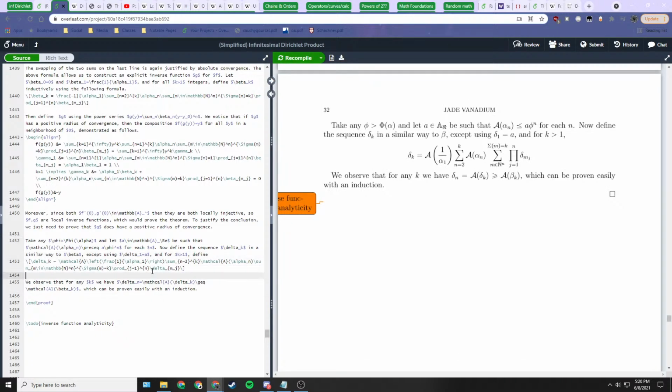And instead of using A of 1 over alpha 1, we actually want to use, actually, yeah, this is fine.